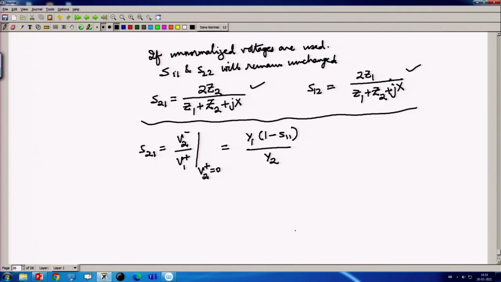This we have already derived, and that can be written as Z2 by Z1 times (1 minus S11).